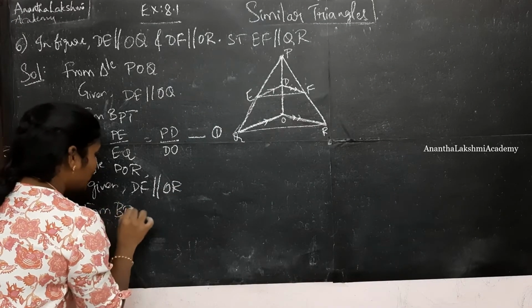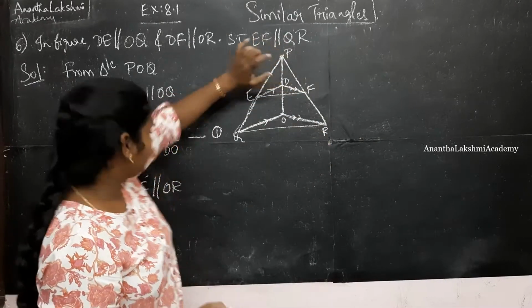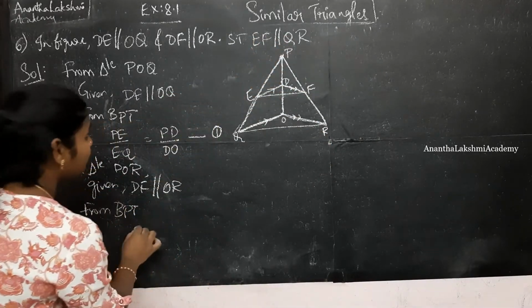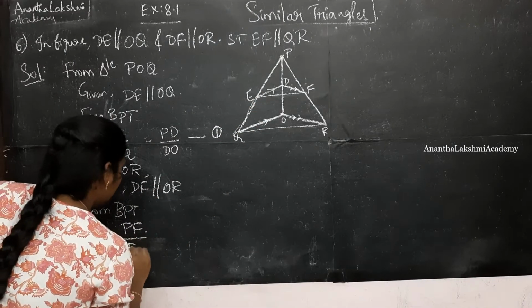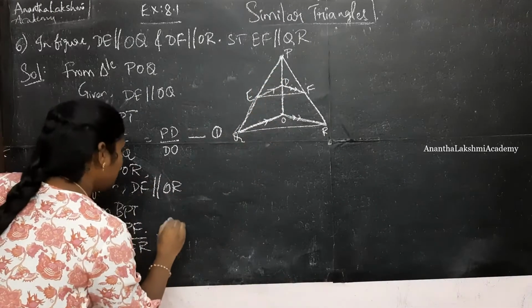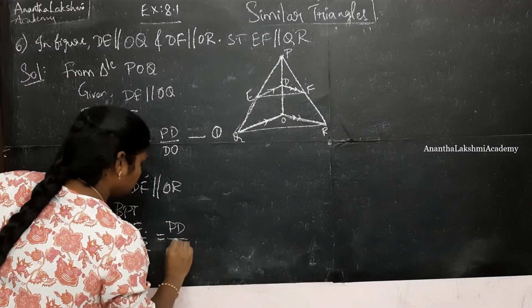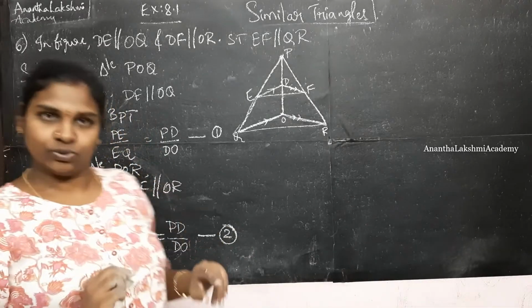From basic proportionality theorem, when DF is parallel to OR, we write PF by FR is equal to PD by DO. Let us call this equation number 2.